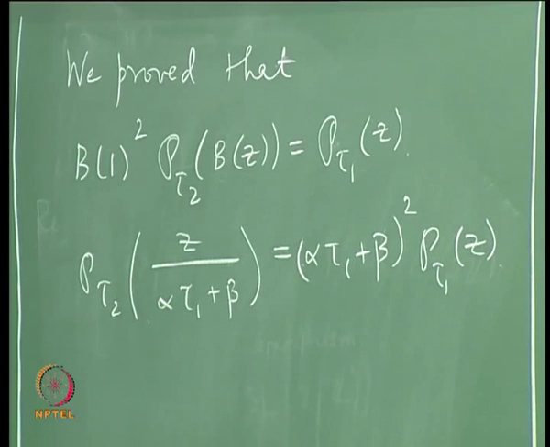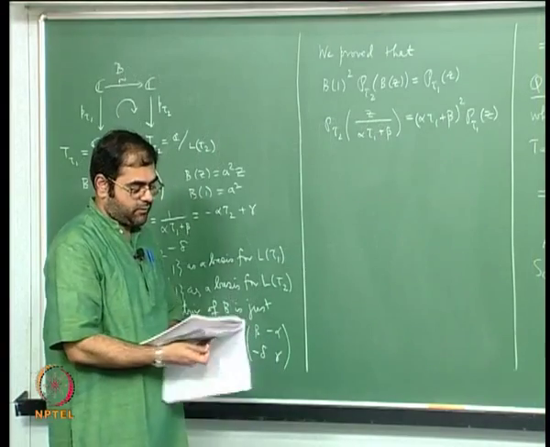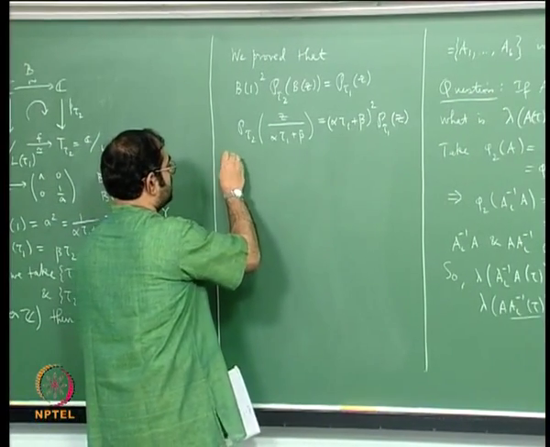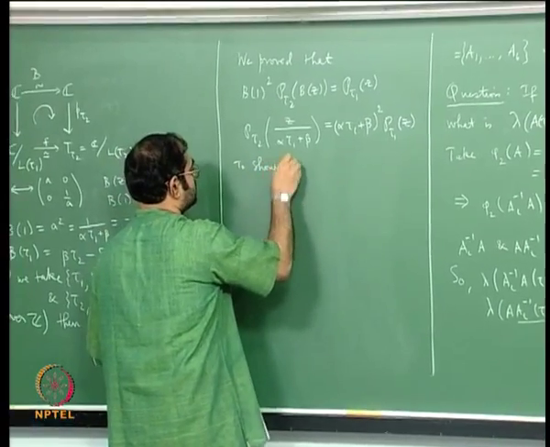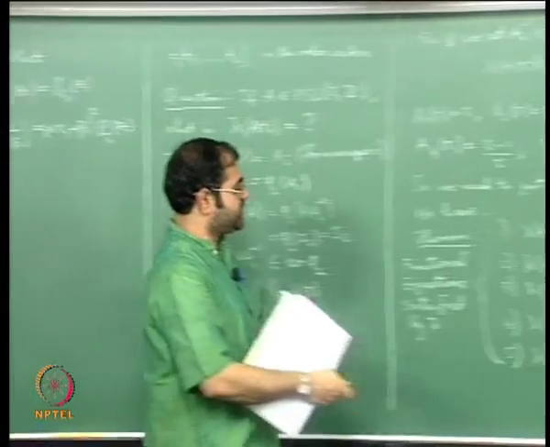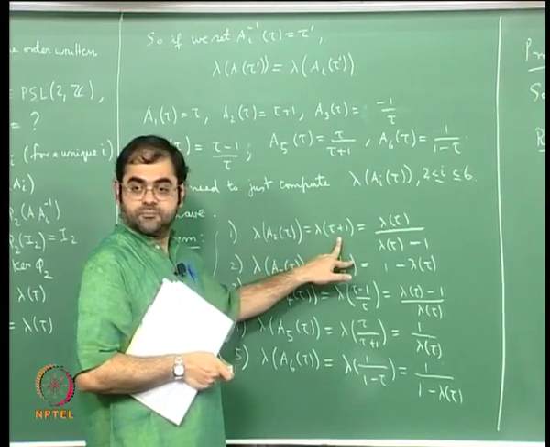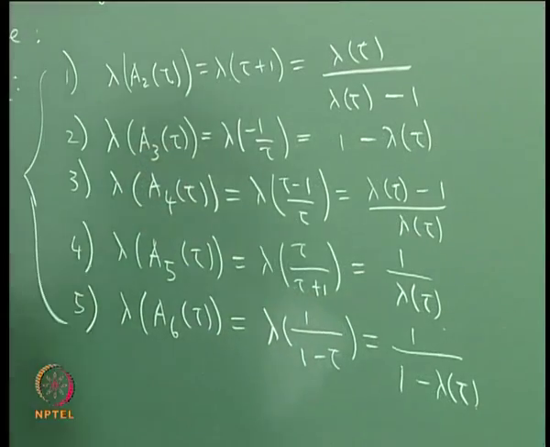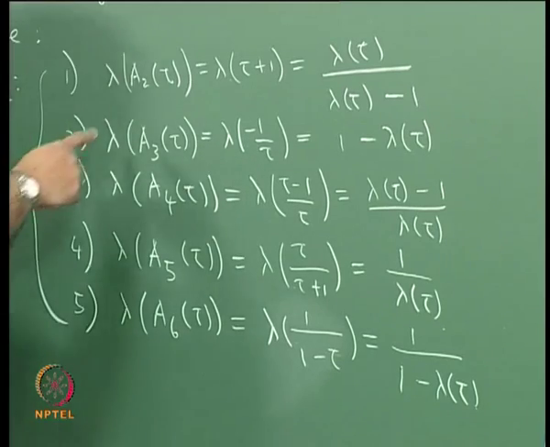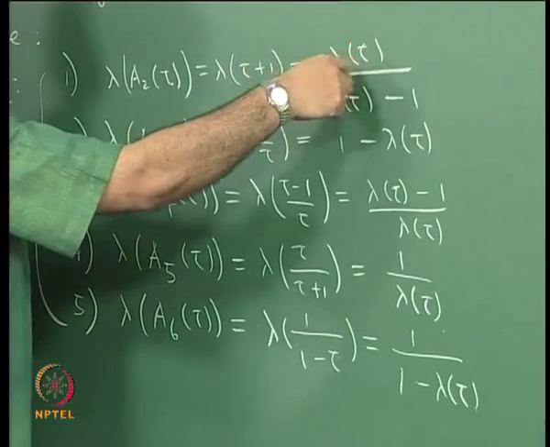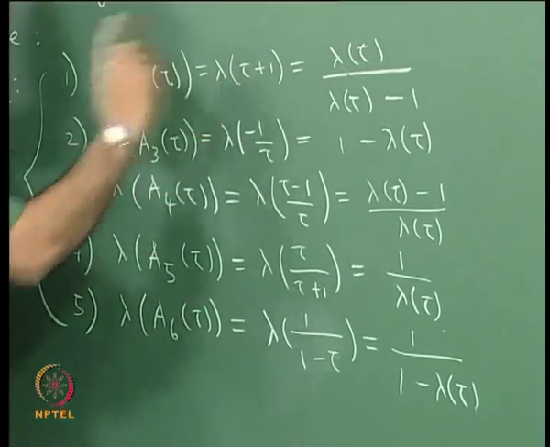So let us now calculate this, and try to show the first formula. I just want to calculate lambda of tau plus 1 in terms of lambda of tau. You see that A2 takes tau to tau plus 1, so basically I take tau 1 as tau and tau 2 as tau plus 1.